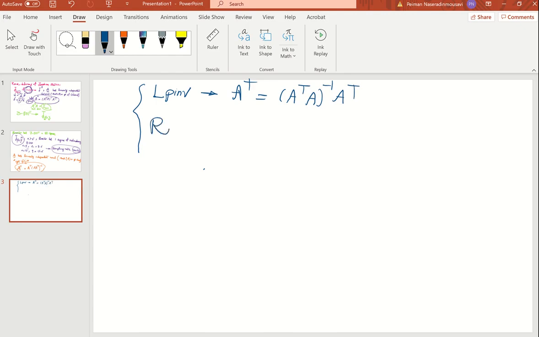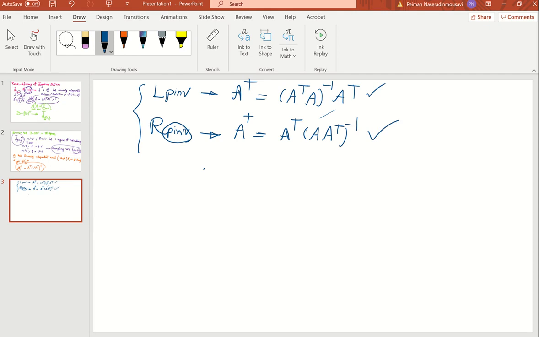But the right pseudo inverse, which you're going to see in the MATLAB code, is A transpose times (A A transpose) inverse. So you just compare this with this one.